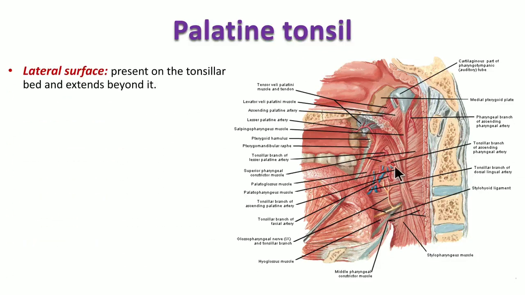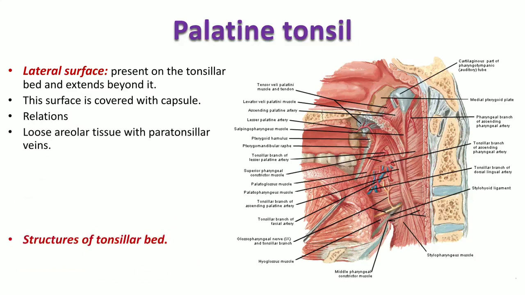The lateral surface is related to the lateral wall of the pharynx. Mainly the lateral surface has a capsule, and external to the capsule it is related mainly to the pharyngobasilar fascia, and external to that fascia you have the structures forming the tonsillar bed.